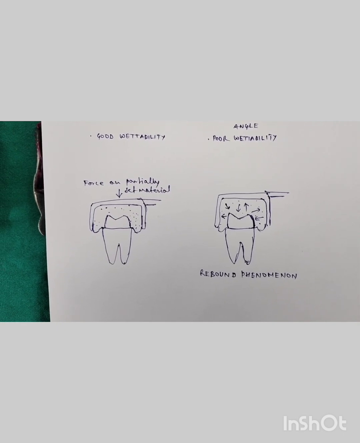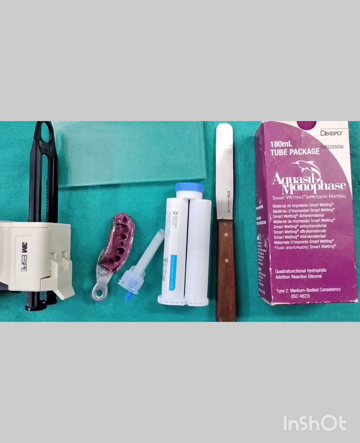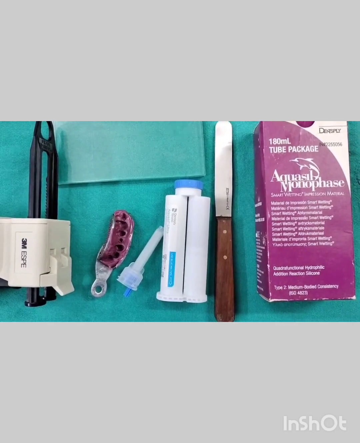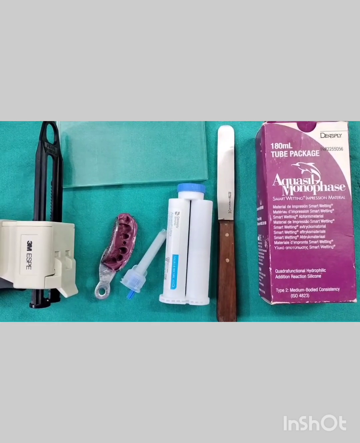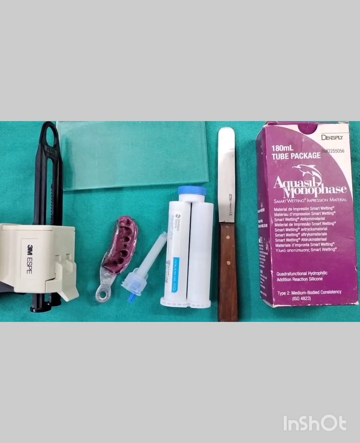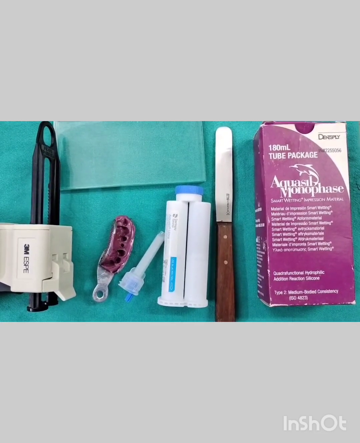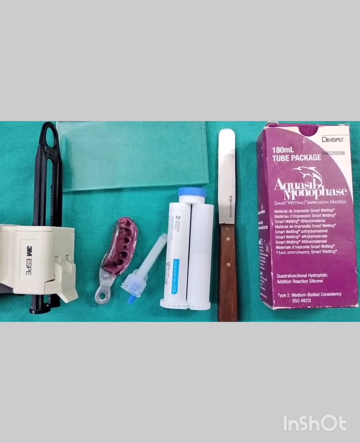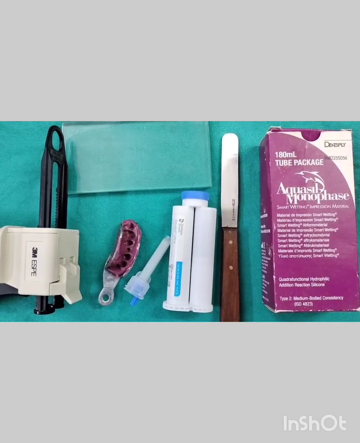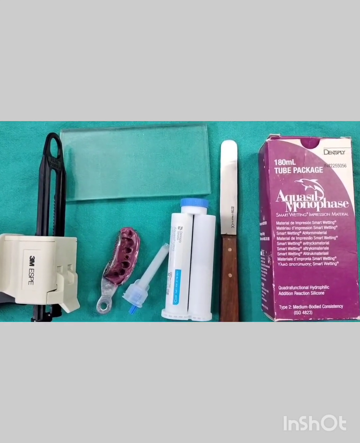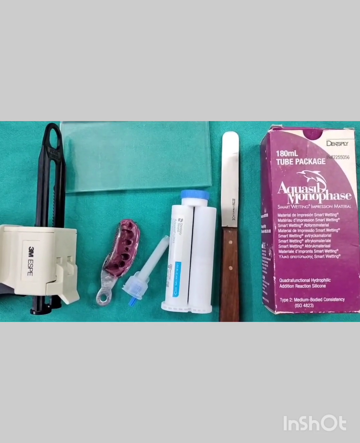Now if we talk about the monophasic impression materials, these are hydrophilic materials, as I mentioned before, and they have excellent wetting properties. That is because they make a low contact angle, and they have a short working time and high stiffness. That could be both a disadvantage and an advantage. This type of material is supplied in the form of base and accelerator paste.